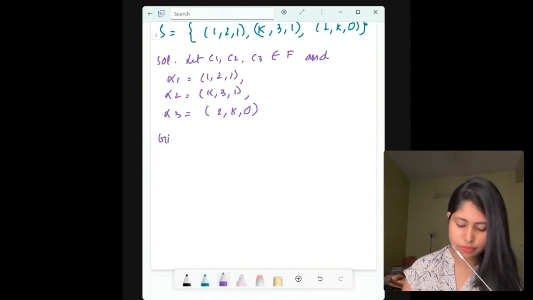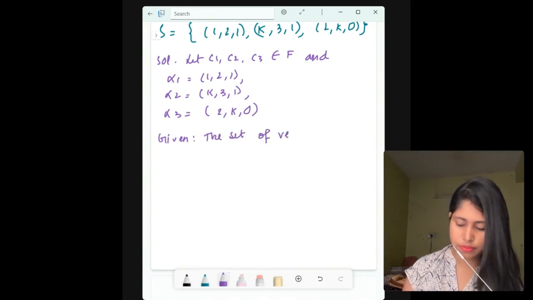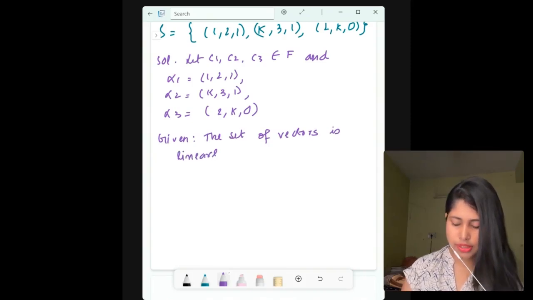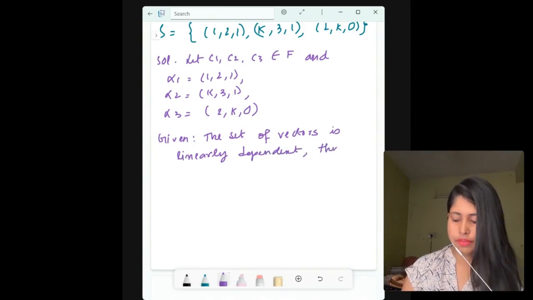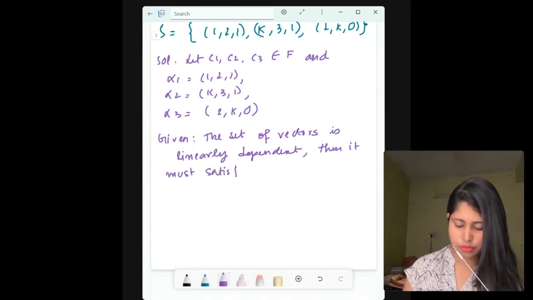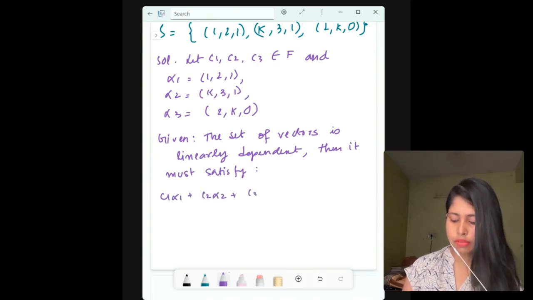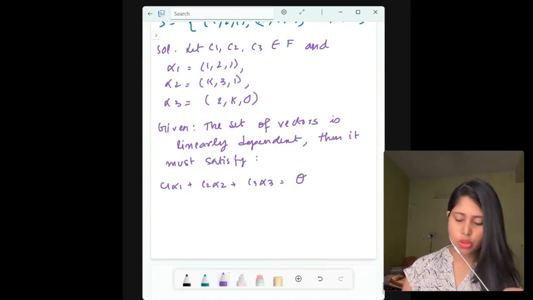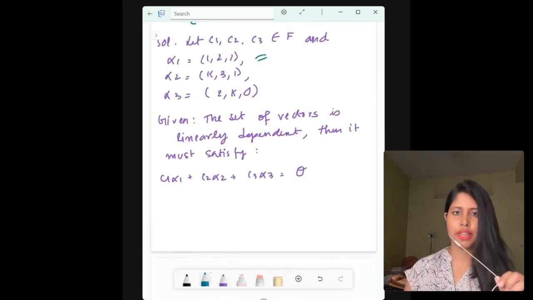So given that the set of vectors is linearly dependent, then it must satisfy c1 alpha 1 plus c2 alpha 2 plus c3 alpha 3 equals theta, where theta is the zero vector in R3. Okay, so now we will write, substituting the values of the alphas, the vectors, right?